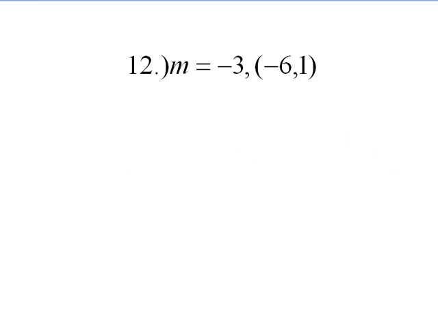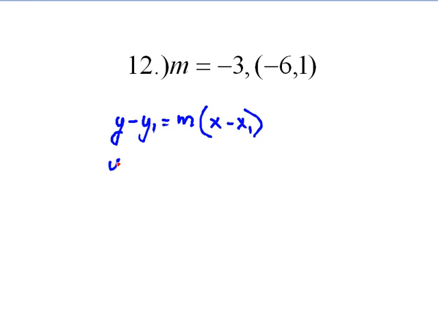Alright, here's another problem, and this time we're given the slope and we're given 1 point. We have to use the point slope formula. So let's write that down. Y minus y1 equals our slope times x minus x1.